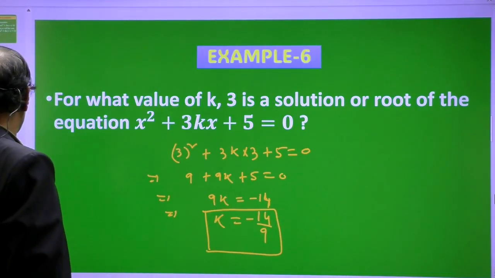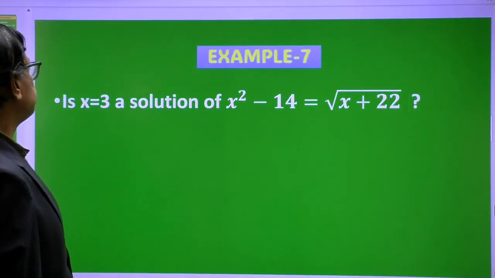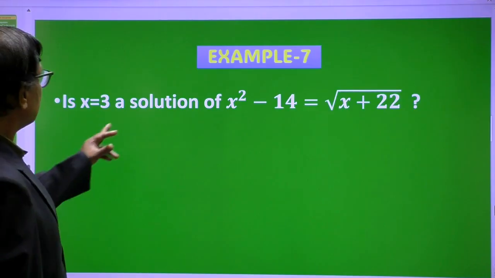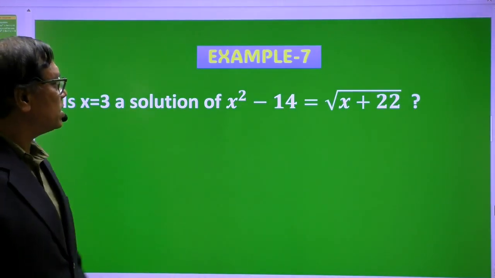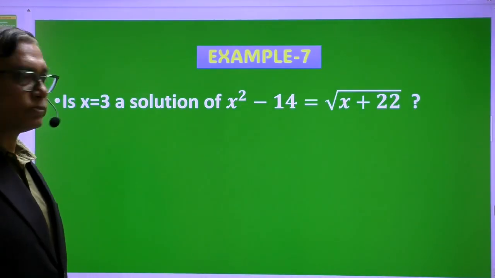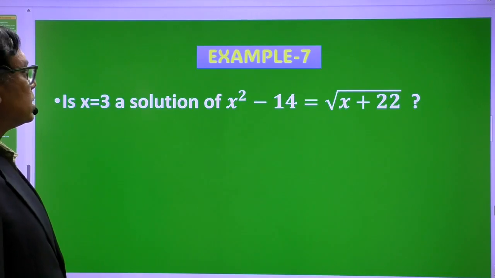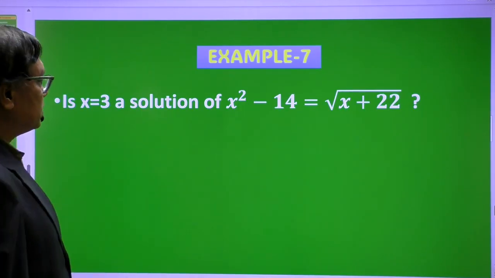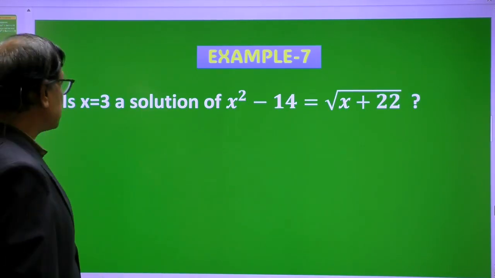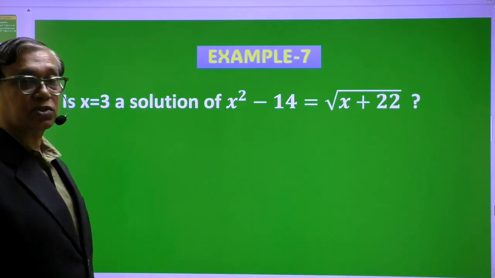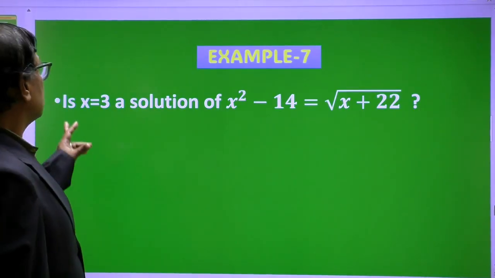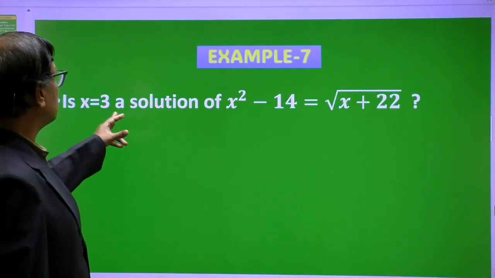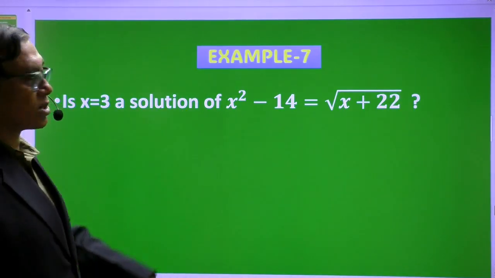Now example number 7. Is x equal to 3 a solution of this equation? I don't know if it is quadratic or not, but the question is whether x equal to 3 is a solution of this equation or not.